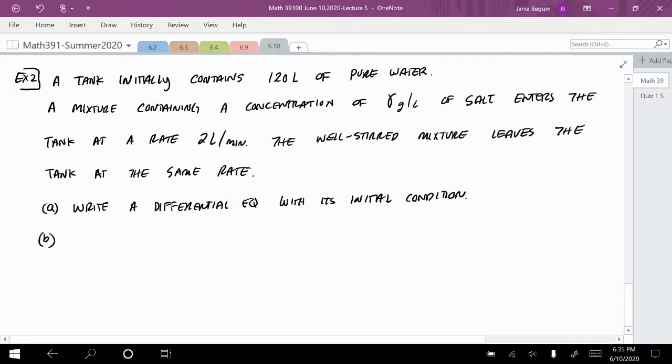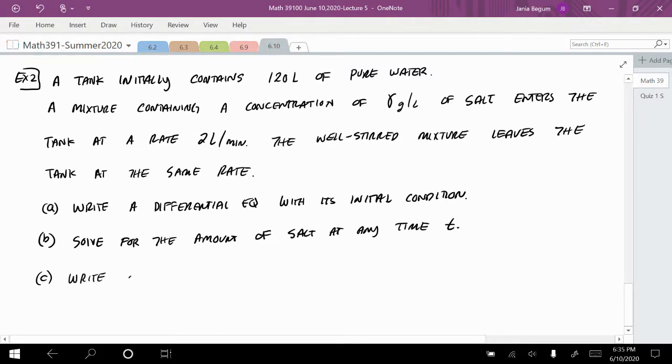Part B, solve for the amount of salt at any time t. C, okay, let's see.